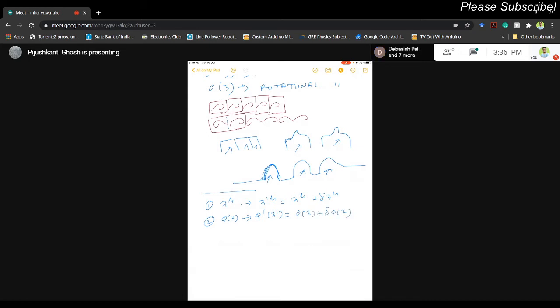What is important to note is that on the field there are two effects. Number one is that the fields are functions of space-time coordinates, so due to the transformation of the coordinates, the field changes. This is number one. It changes not only as an argument, but I am giving here the example of scalar field theory.